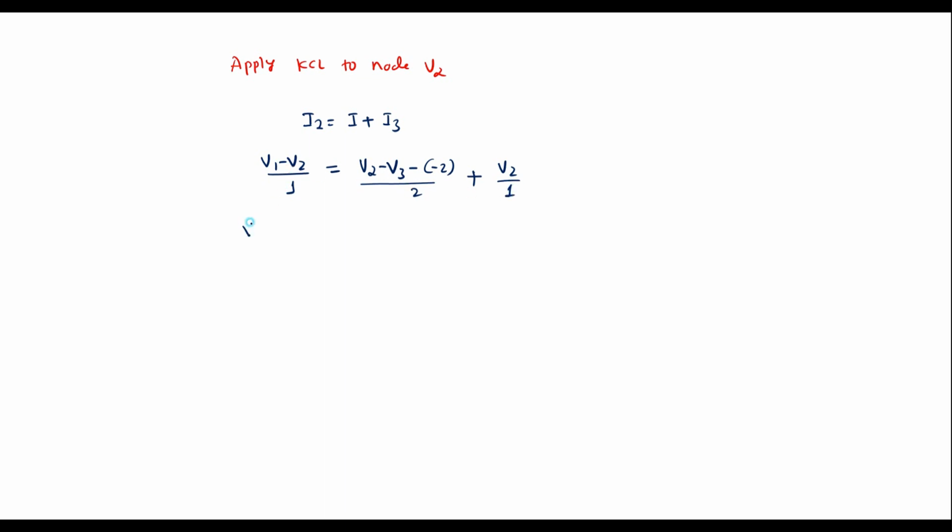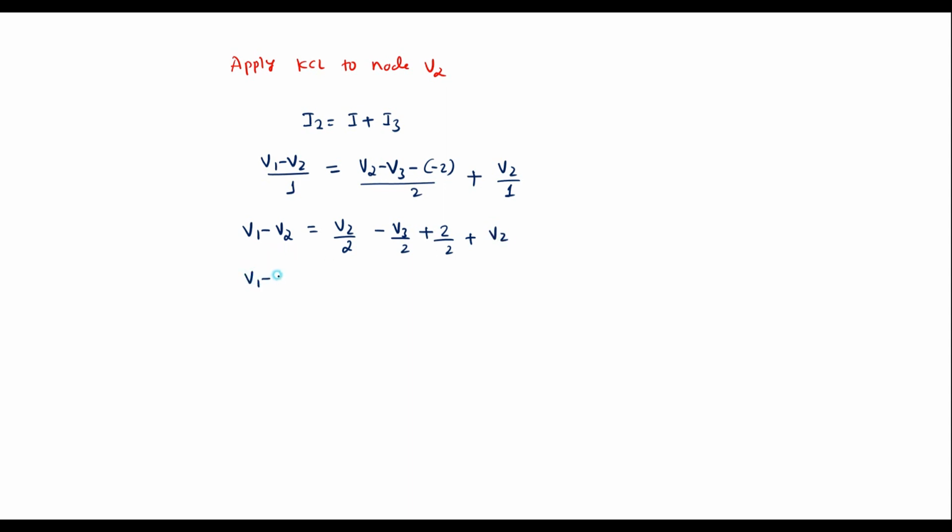Let me simplify. V1 minus V2 is equal to V2 by 2 minus V3 by 2 plus 2 by 2 plus V2.